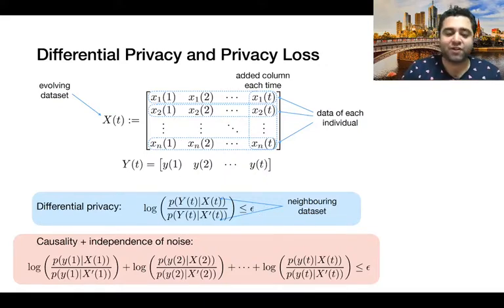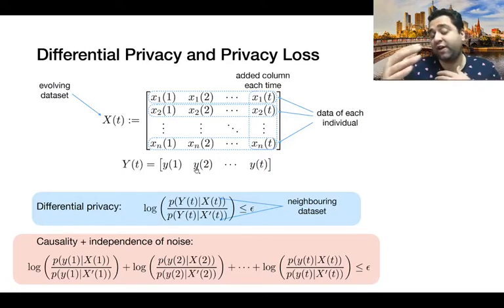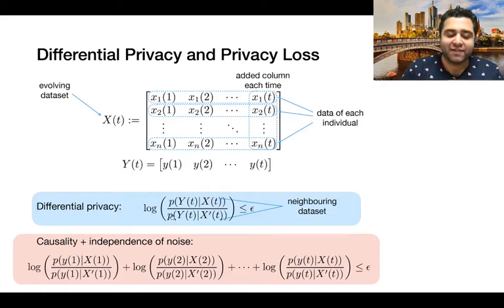Now, if we have causality in the way that we report, i.e. if each y_t is only a function of data that we have observed up to that time t, and if we have independence of the noise used for generating each y_t, not the underlying dataset, but the noise, then we can expand this condition for differential privacy into a sum.